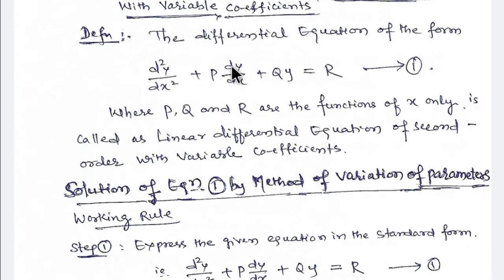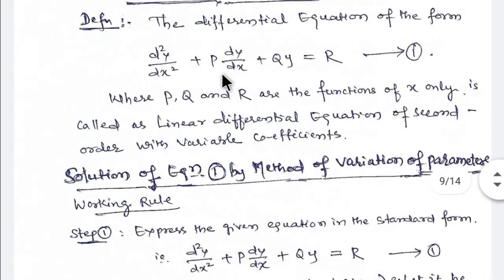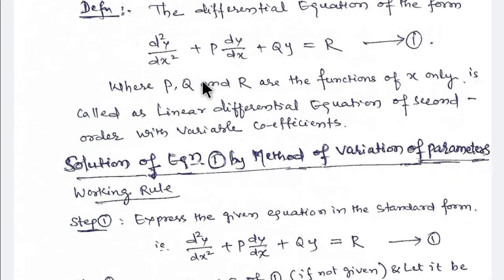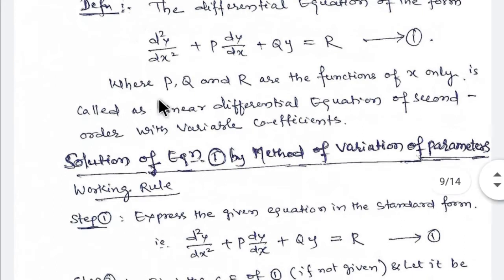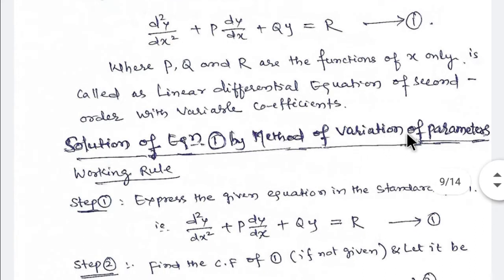This can be solved with different methods. Out of that, particularly for the syllabus of Government Autonomous College Kalburgi and Gulbarga University Kalburgi, this equation is solved by one method, that is, solution of equation 1 by the method of variation of parameters.